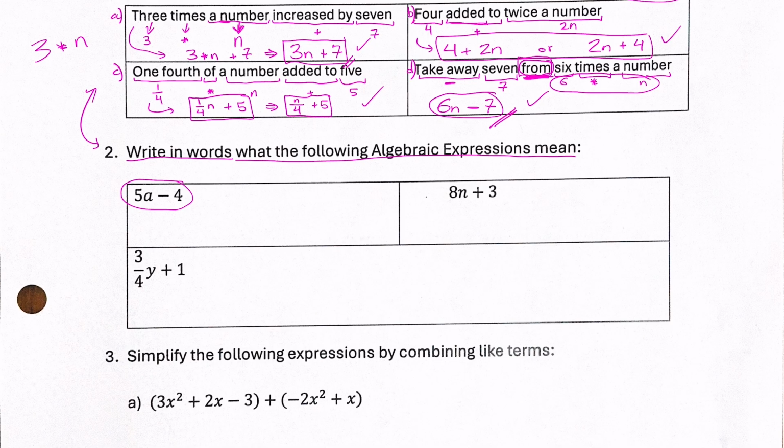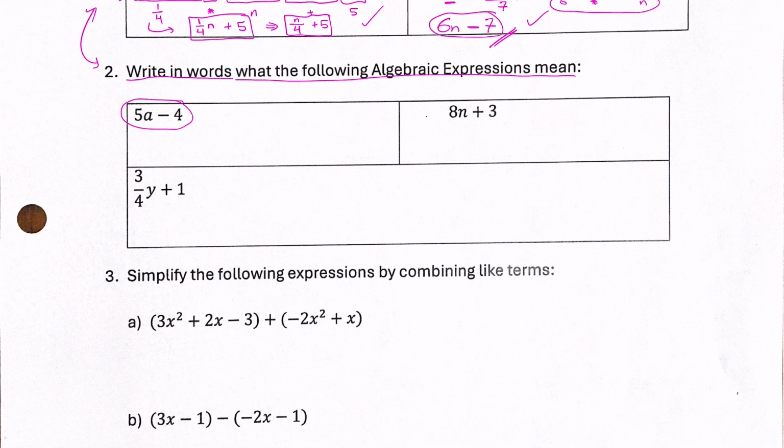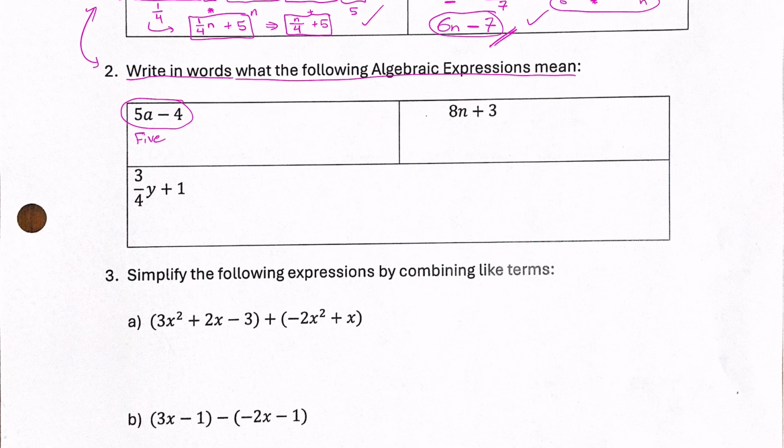So here I can say 5 times a number, that's the 5a, and then I could say take away 4. That's one possible way of expressing that in English.